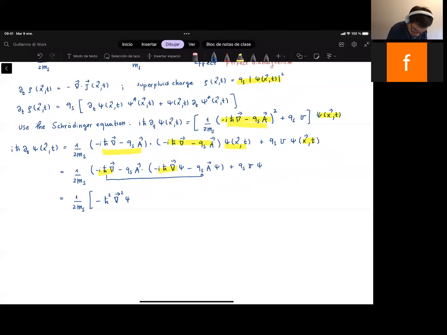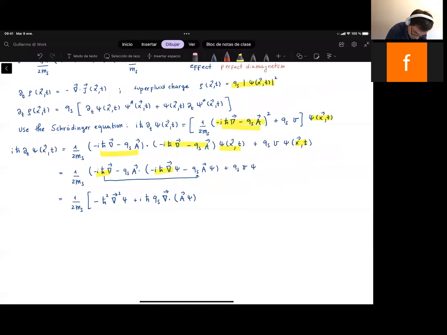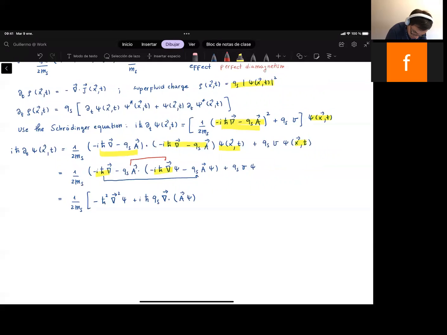Then we have plus i ħ QS, and then we have this operator acting on the product A times the wave function. Then we have this term, this and this, okay?